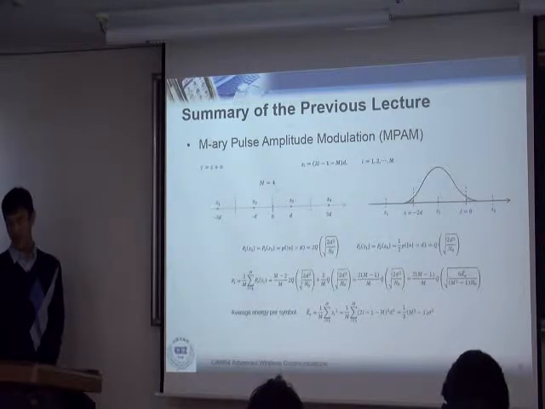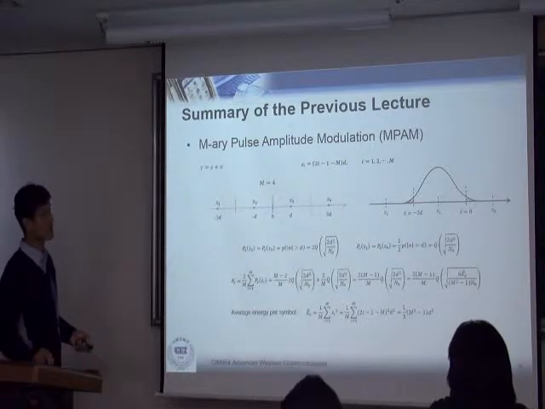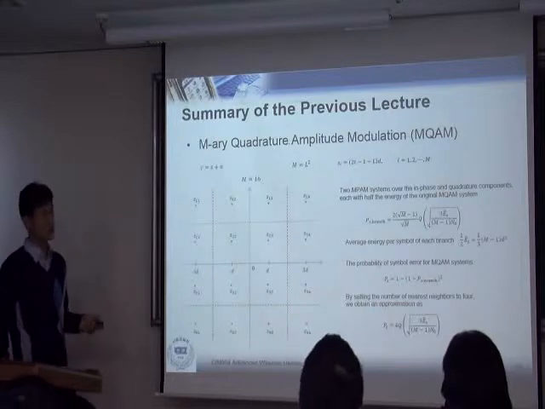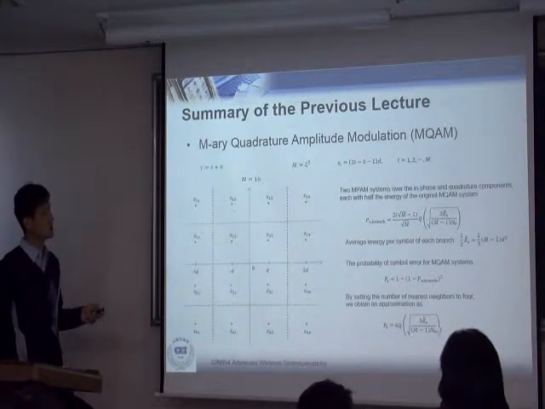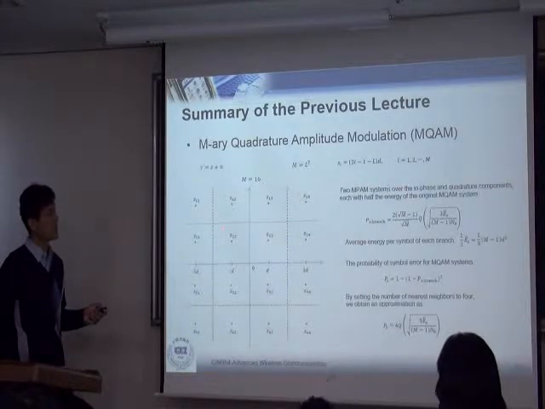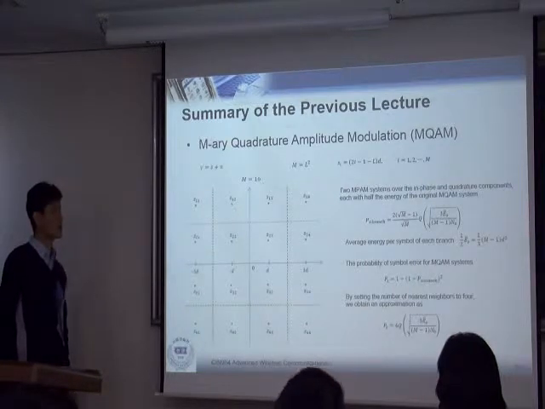And this picture basically shows you how to think about QAM modulation. QAM modulation is like this, right? This is the case of 16 QAM. You have 16 points. First of all, let's think about some basics about QAM modulation.